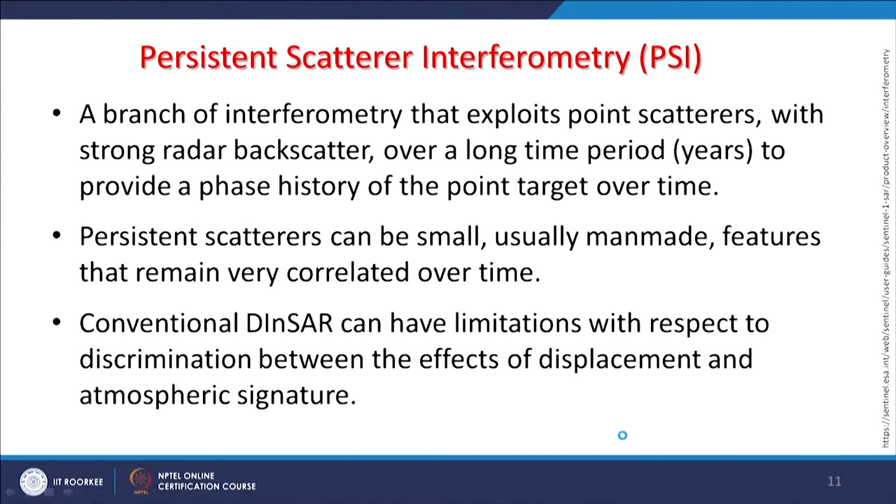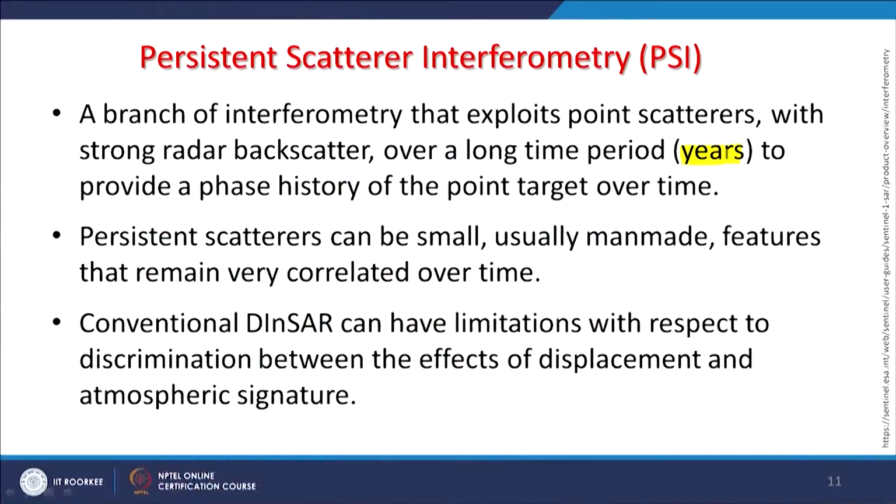Now, there is another technique which is also available, which is basically the next step in DInSAR or InSAR, that is persistent scatterer interferometry, in short PSI. This is a branch of interferometry that exploits point scatterers. Instead of looking for fringes, individual points are used.